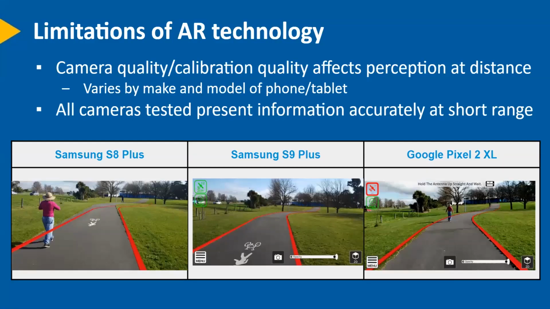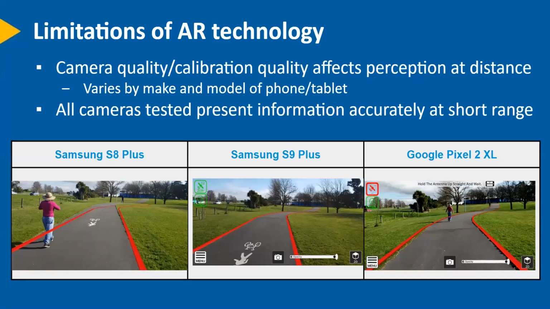But something like the Galaxy S9 or the Google Pixel 2 do a little bit better job of maintaining the continuity, both close to the user and further away. But most cameras do work relatively well with data presented at a fairly short range.